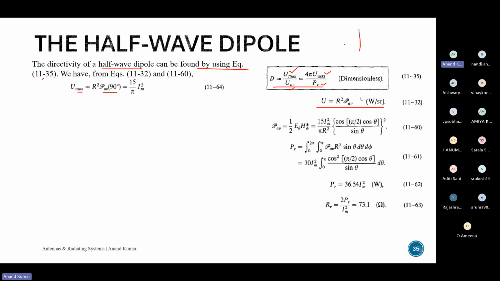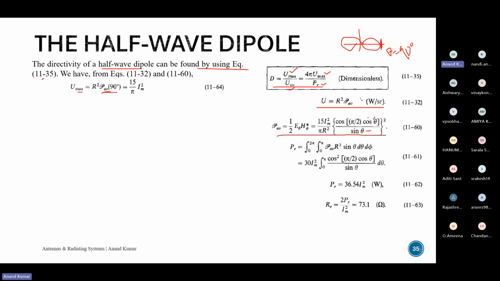If you remember, the radiation pattern looked something like this, right? The maximum value will be over here, which is theta equal to 90°. That's why we are taking the P average at 90°, and the P average expression from the previous slide is over here.